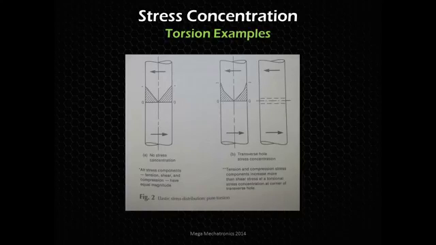But on the right, we have a hole that's drilled through, and the phantom line shows that hole. Again, this part's being twisted, it's under torsion, and you see stress concentrators on the tension side, on the very outer edge where the drilled hole is.